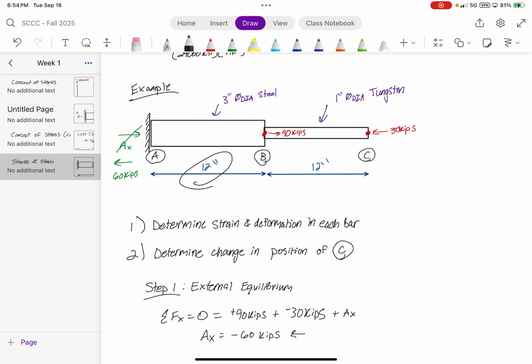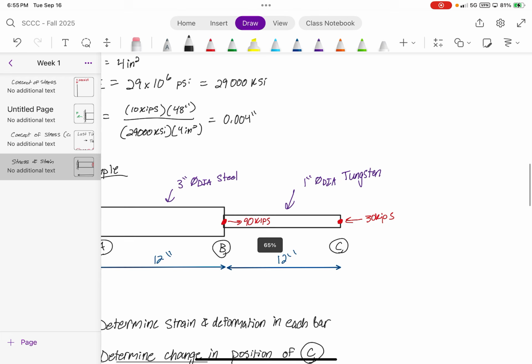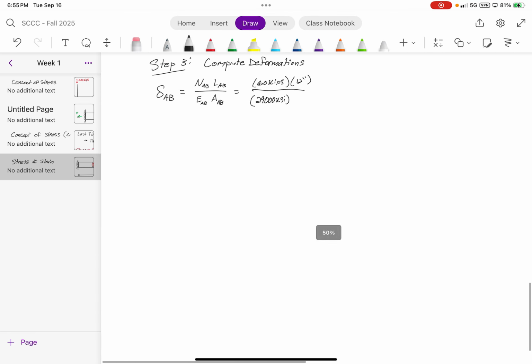Elastic modulus of steel, who's got it? I want somebody over here. It is 29,000 kips per square inch. And then what's the area? It's 3 inches in diameter, so what would the area be?